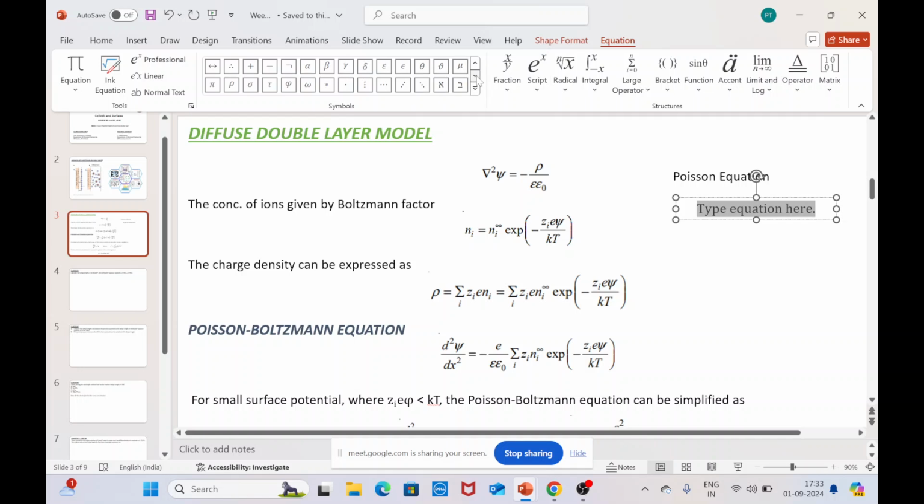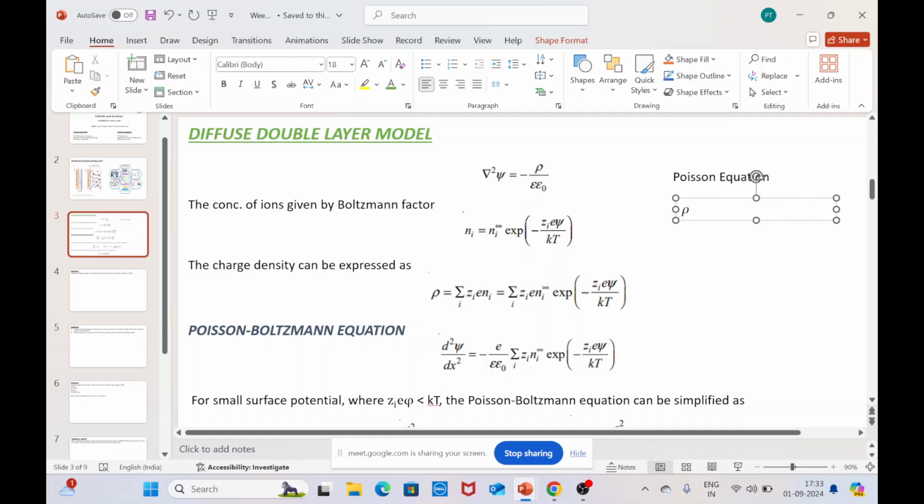Your rho, that is the charge density, should be expressed as a function of your psi.